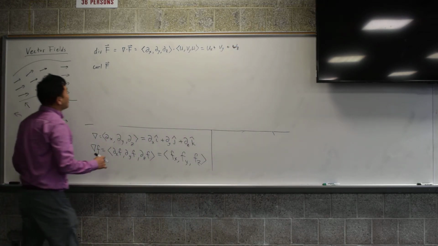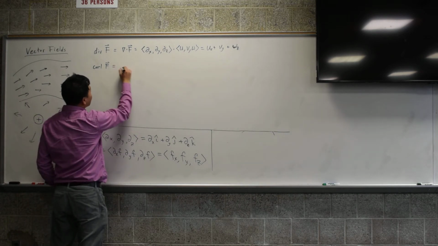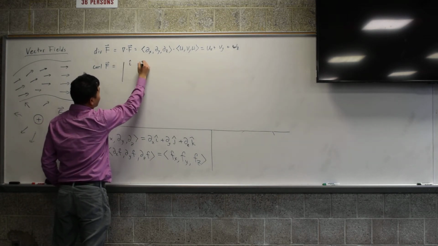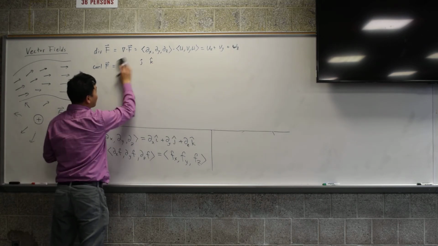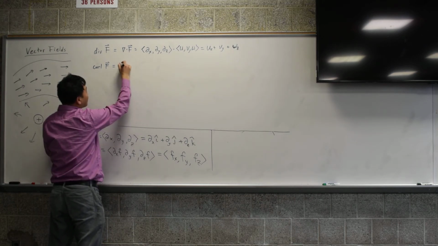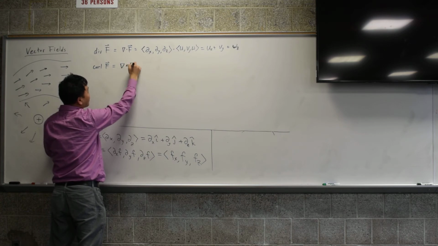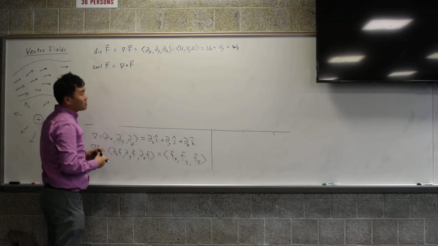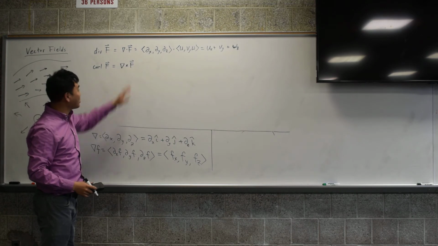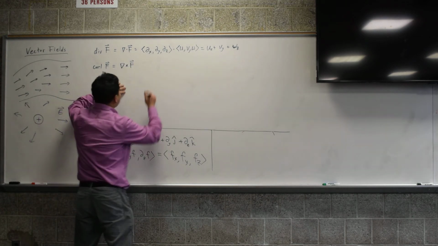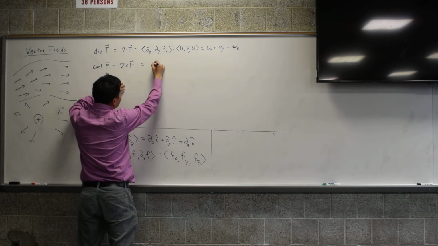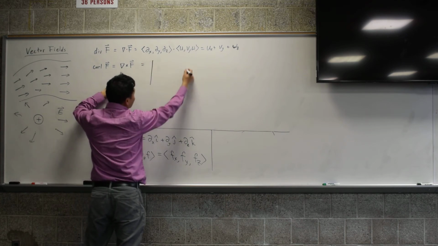What's the curl? Curl is nabla cross f. If you do the cross product between this nabla operator and the vector field f, that's called the curl. How do you calculate it?